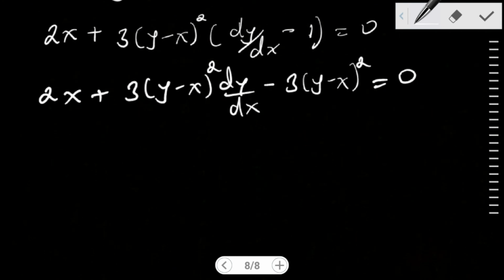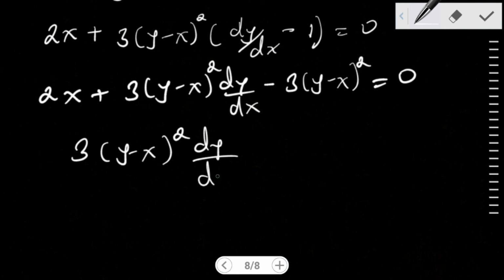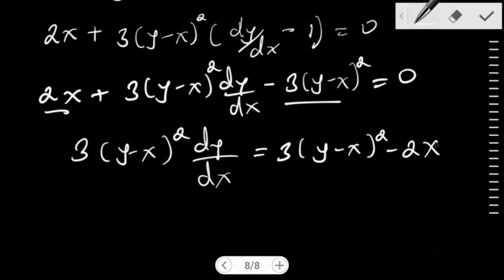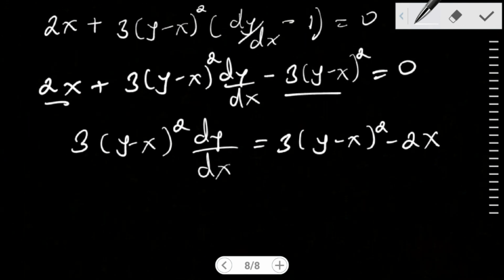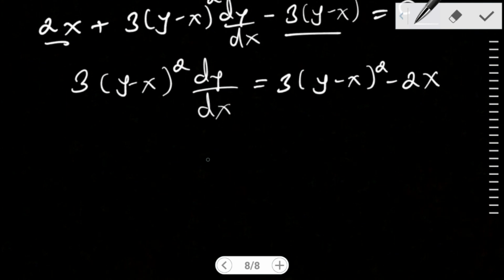So what I'm going to do here is now to bring this, say that 3 into y minus x squared dy dx would be equals to, so I'm taking this and this beyond the equal sign, so I'm going to have 3 into y minus x squared minus 2x.